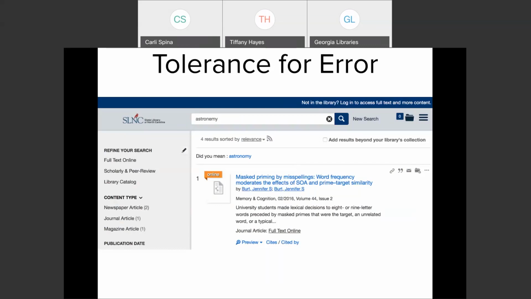And meeting people where they are with this type of tolerance for error not only helps them to have a better experience in terms of what they actually achieve and what they actually find, but it also makes the library much more approachable because I think it's easy to forget working in libraries and trying to be welcoming that a lot of people can find libraries very intimidating and can in fact find them to be places that maybe aren't necessarily meant for them and can think that research isn't something that's really meant for them if they're an English language learner, if they are low literacy, if there's somebody who does have a learning disability.